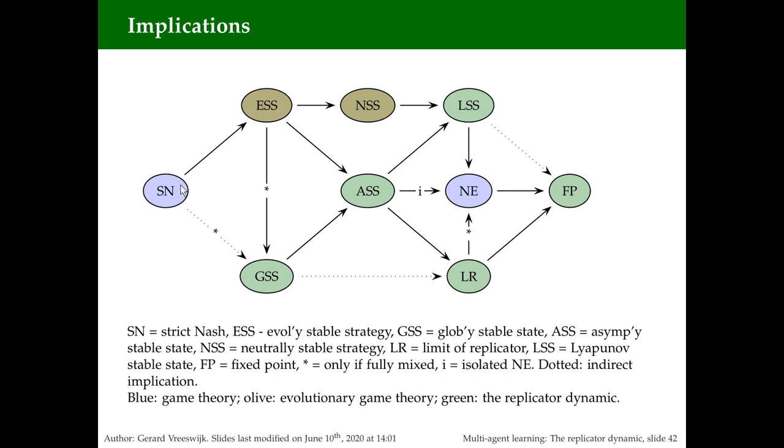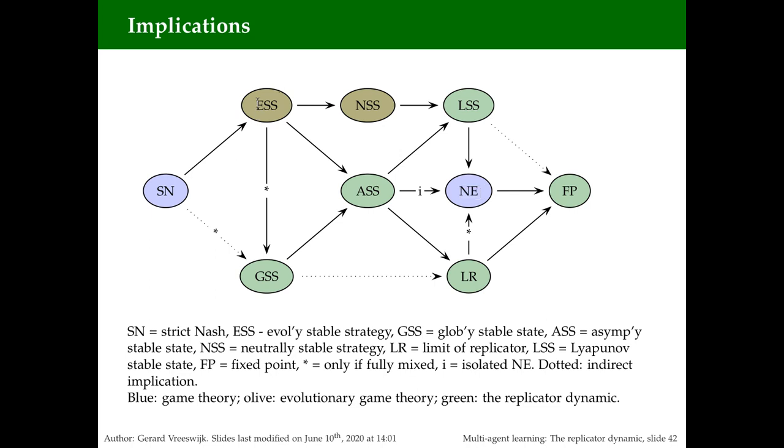So this node here refers to strict Nash equilibrium, not weak, but strict. Strong is something else. And this blue node refers to Nash equilibrium proper. So the blue nodes refer to game theory.